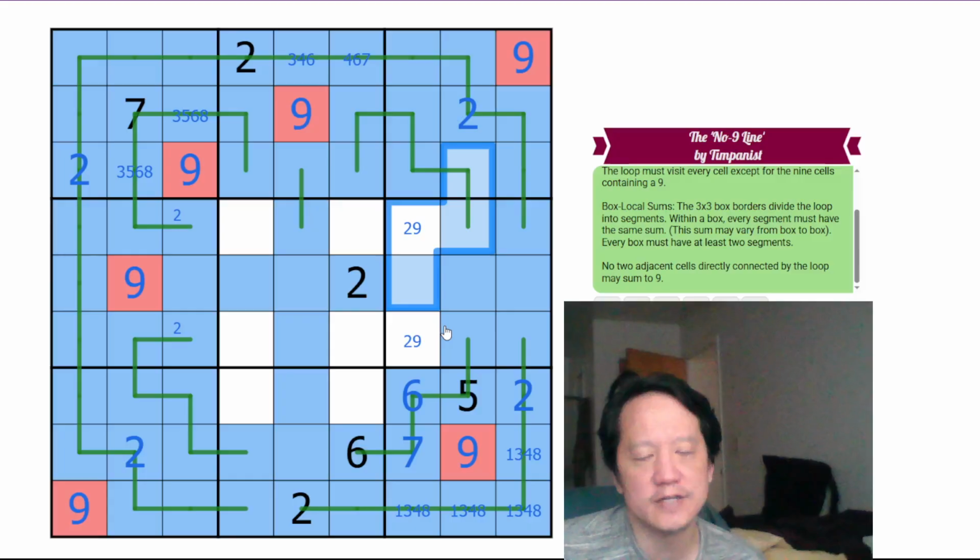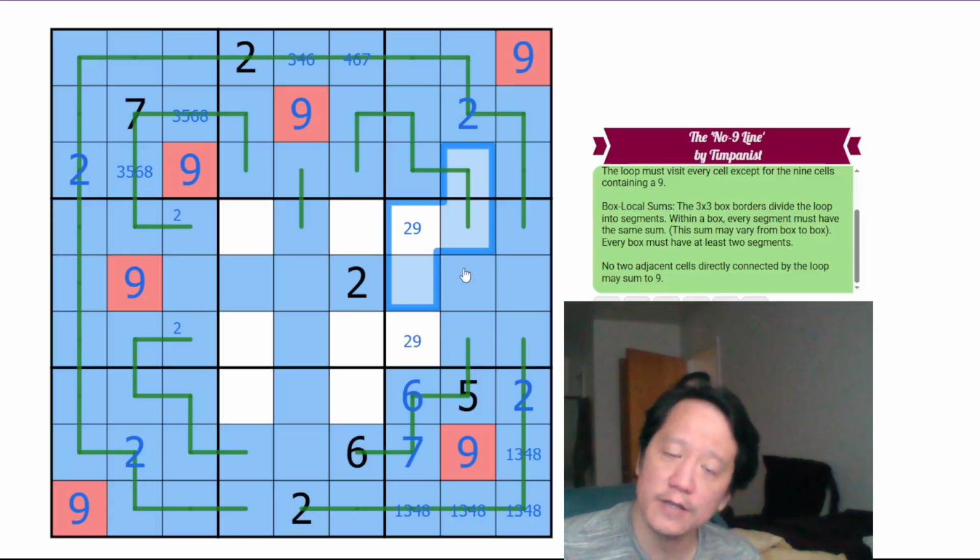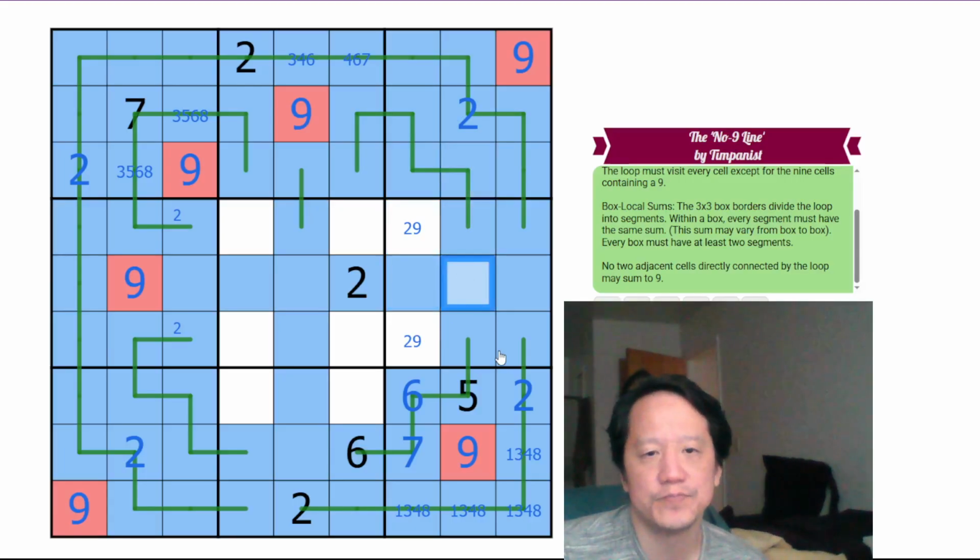But if that's the case, then where does this connect to? This connects to at least one of these. But can it go out? It can't do something like that. It can't go out, because then these connect to each other.